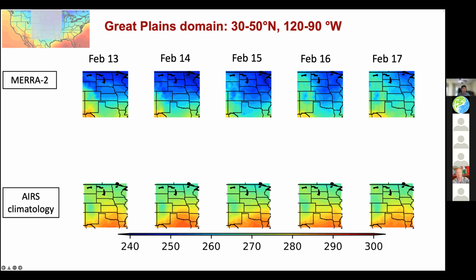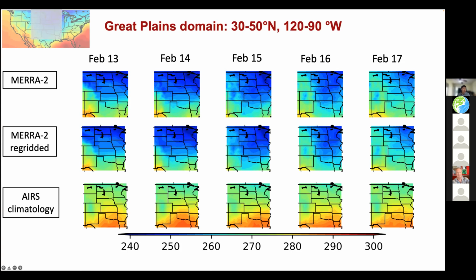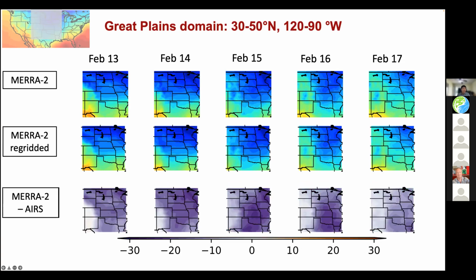What I had to do was regrid MERRA-2 onto the AIRS grid points first. Then we see that the temperature difference from the climatology is more than 30 degrees over the Great Plains during the cold wave.